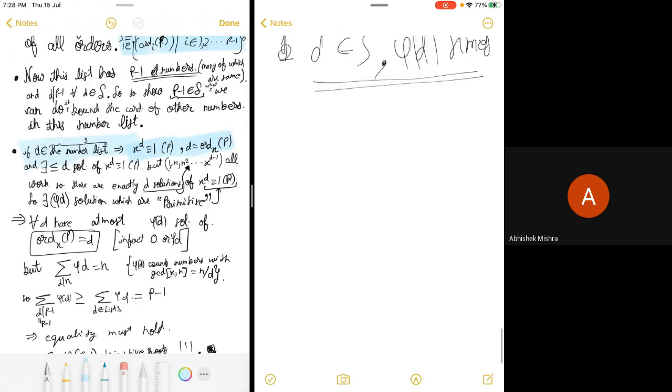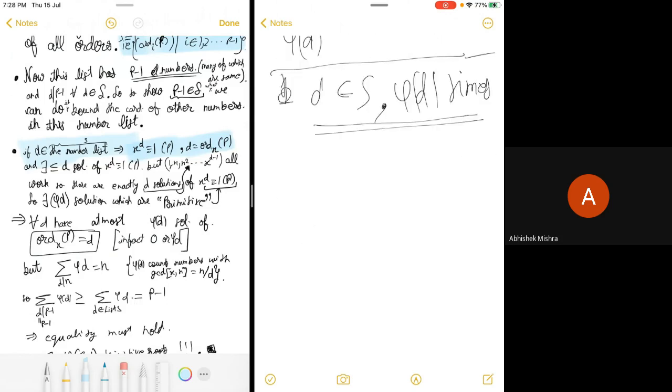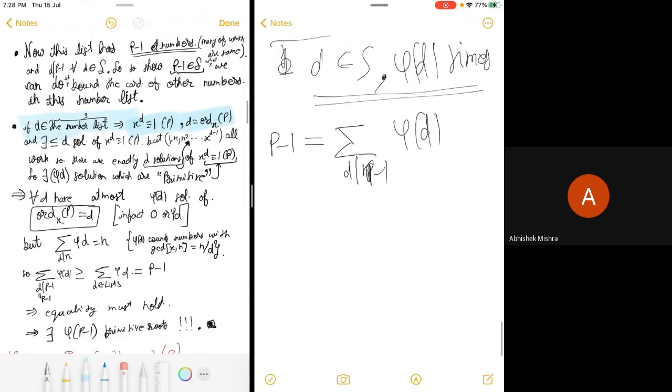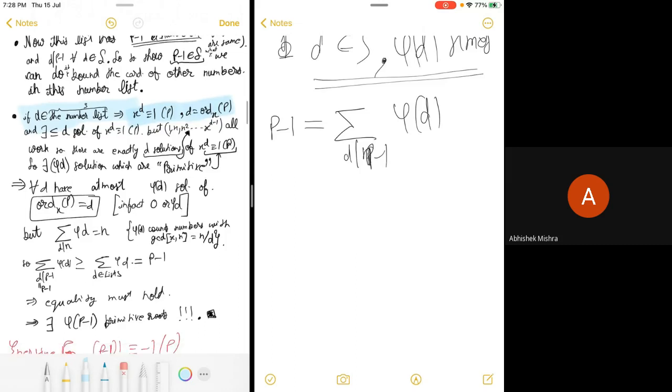Now we want to show that p minus 1 belongs to this list. We know that the cardinality of this list is equal to p minus 1. Now we will use the fact that p minus 1 is equal to the summation over d dividing p minus 1 of phi of d. I will prove this in just a minute.